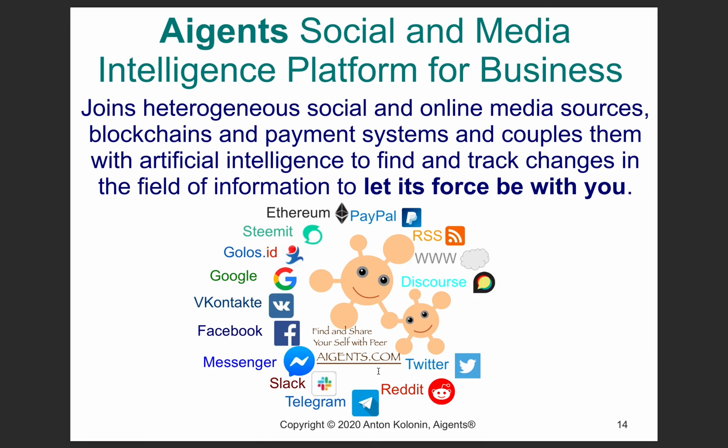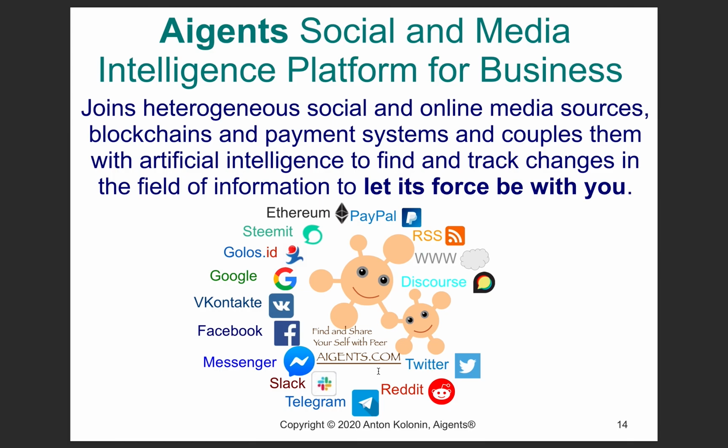All that said, here is what I am doing in my own project. I'm working on personal artificial intelligence, which can be used to build personal agents for social and media intelligence applications for business.